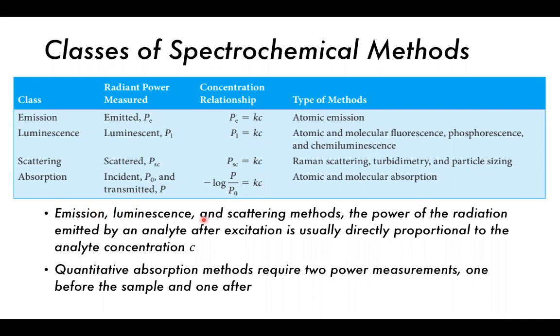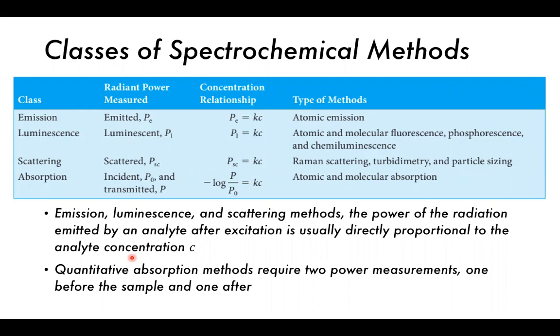For emission, luminescence, and scattering methods, the power of the radiation emitted by an analyte after excitation is usually directly proportional to the analyte concentration C. It says usually there because we'll learn about some things later in the Beer-Lambert law, which will make it so that there are certain conditions for non-proportionality.